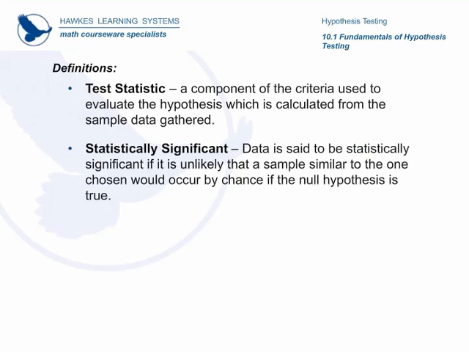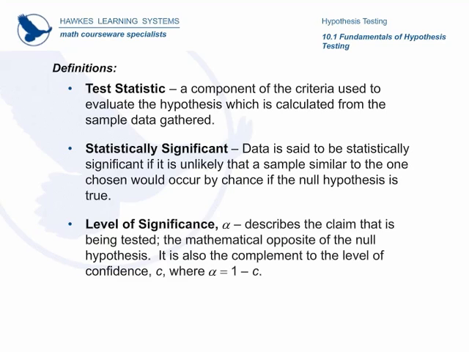Data is said to be statistically significant when it is unlikely that a sample similar to the one chosen would occur by chance if the null hypothesis is true. So we're taking a look at statistical significance based on the likelihood that a sample similar to the one chosen would occur by chance if the null hypothesis is true.